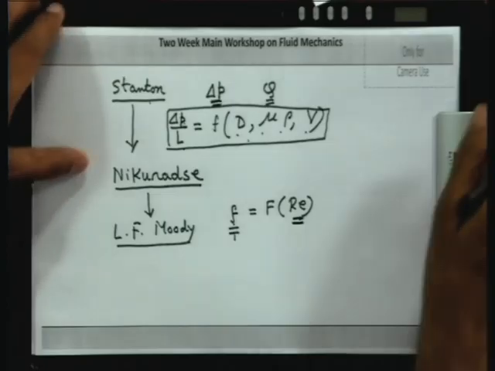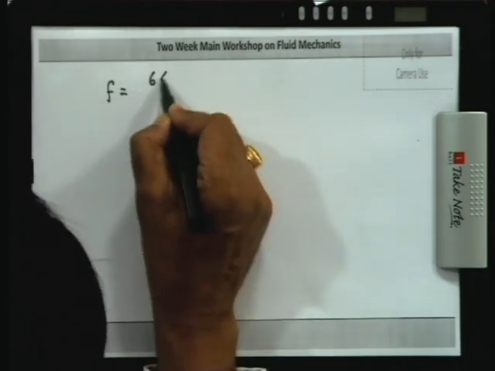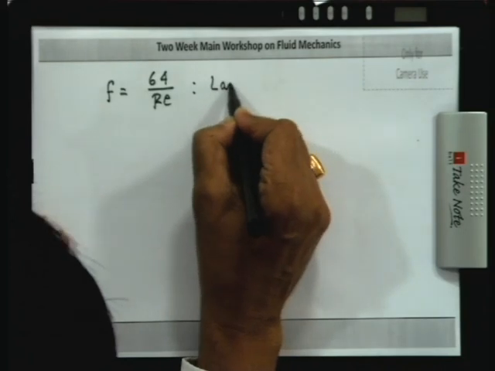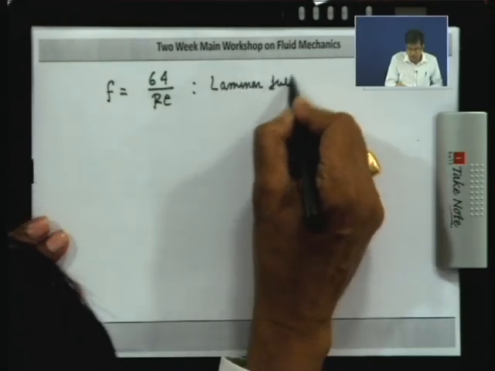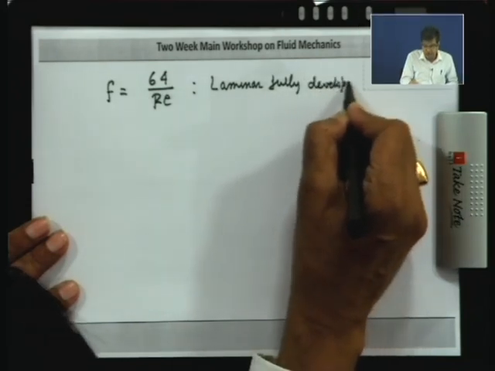Now, before that I tell you some of the expressions just for your information. You do not have to remember them. F, Darcy's friction factor, is equal to 64 by Re for laminar, fully developed, incompressible flow.